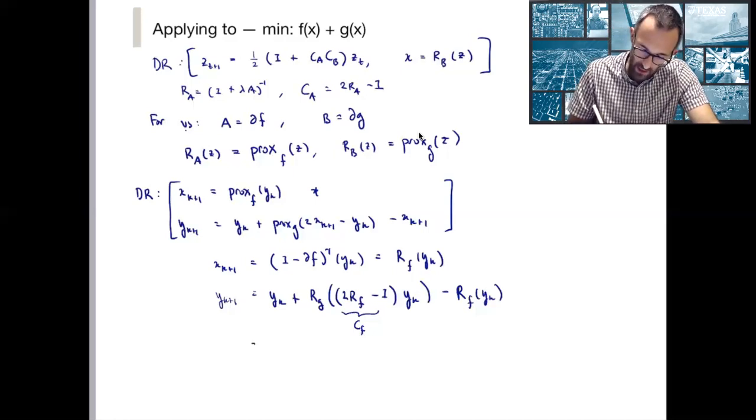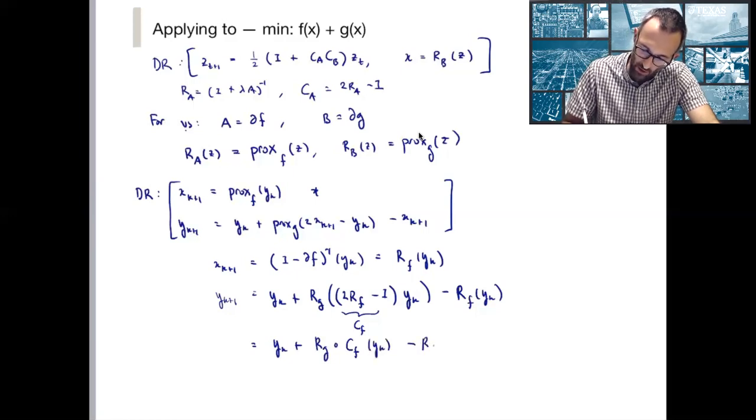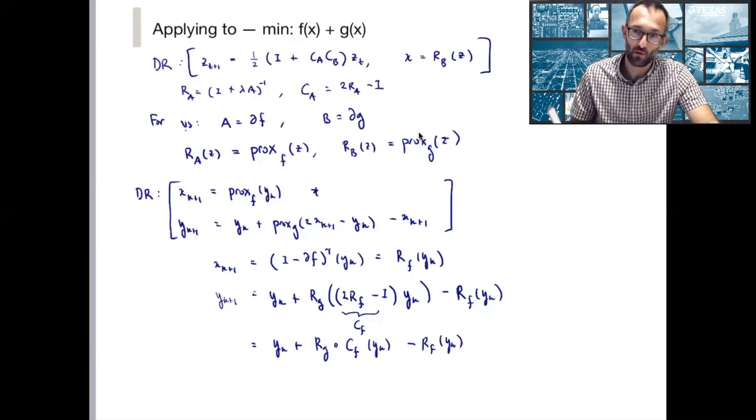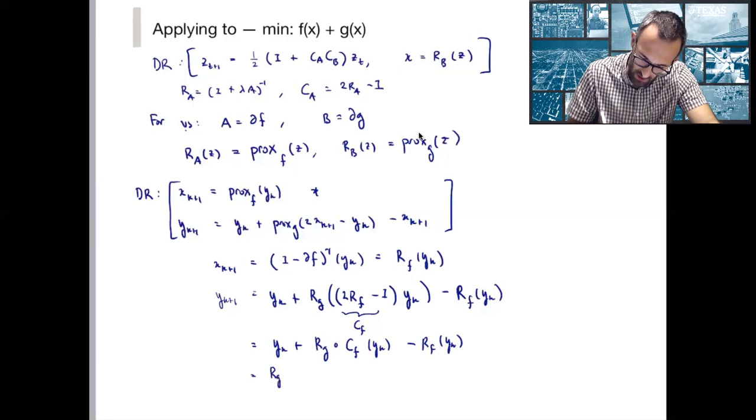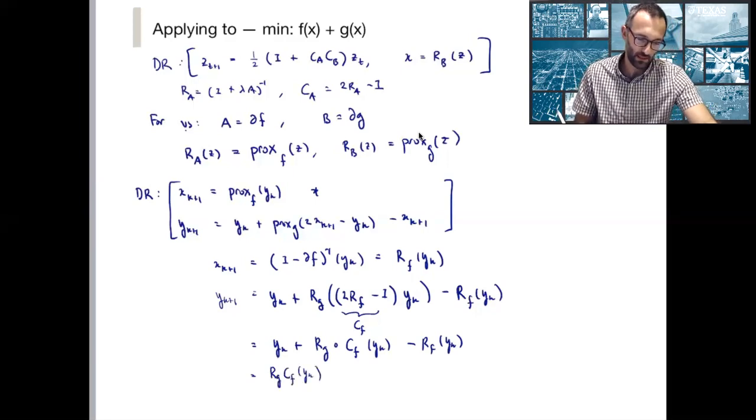So this is equal to y_k plus R_g composed with the Cayley operator of f of y_k, minus R_f of y_k. And now I'll write this as R_g C_f of y_k. That's the second term.